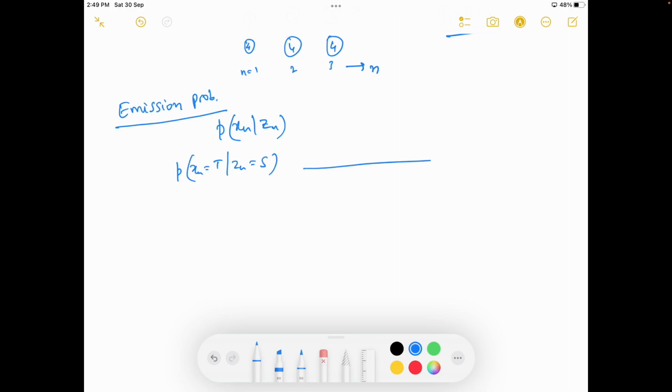How will it look? This is my xn or t. How will the probability of xn given Zn is summers look? This is 0 degrees Celsius, this is 50 degrees Celsius.